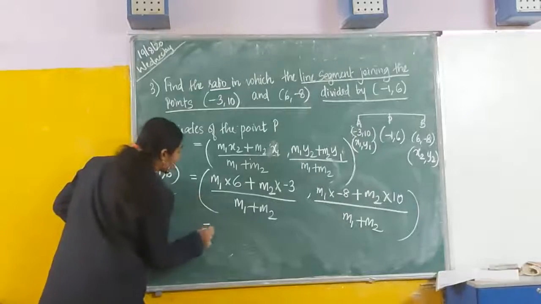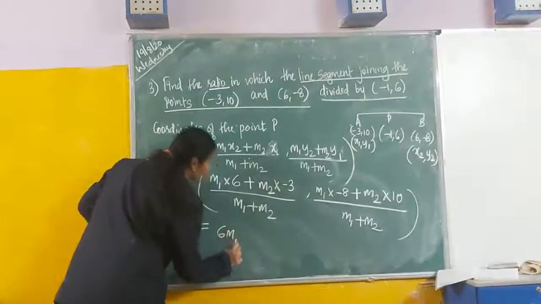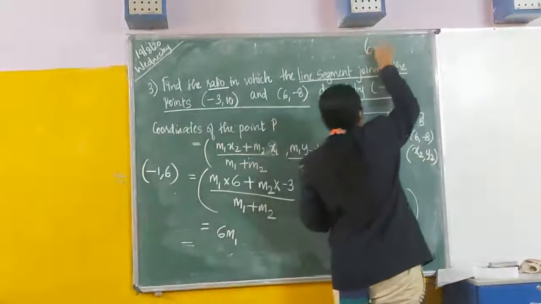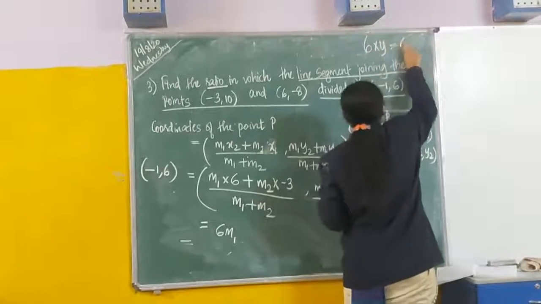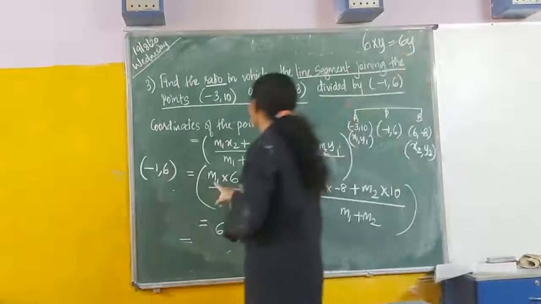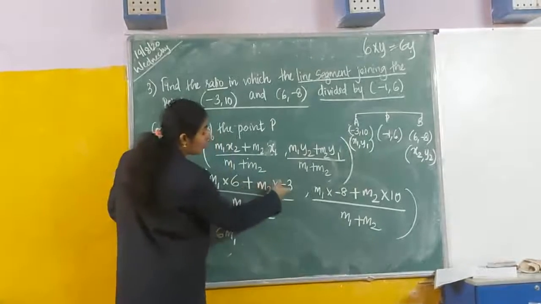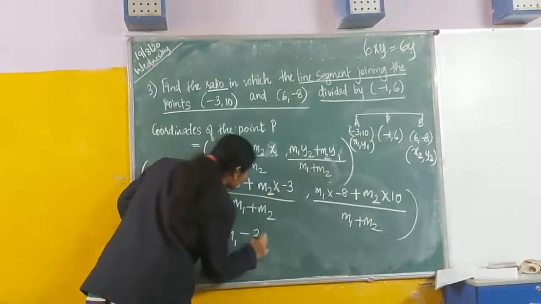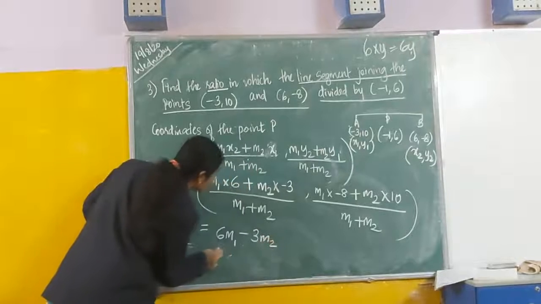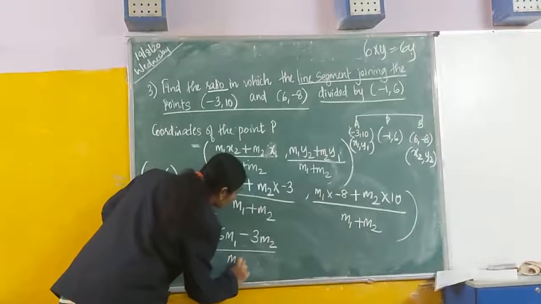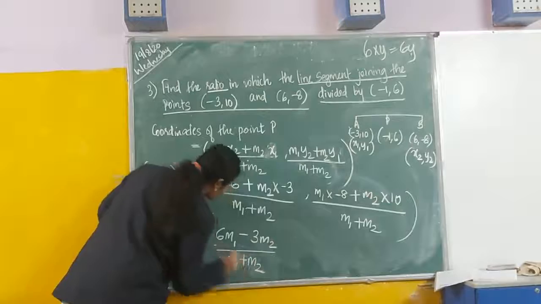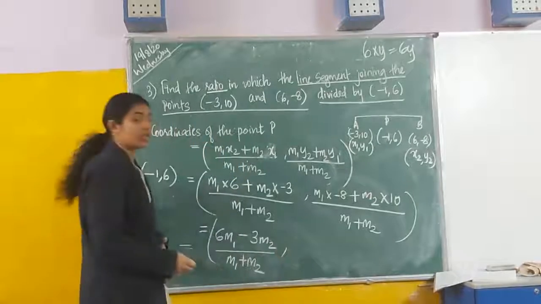m1 into 6 you can write as 6m1, plus m2 into minus 3, that is minus 3m2, divided by m1 plus m2. What will be the y coordinate?